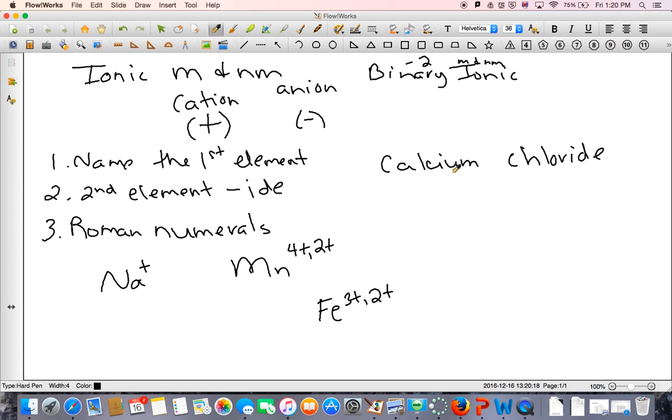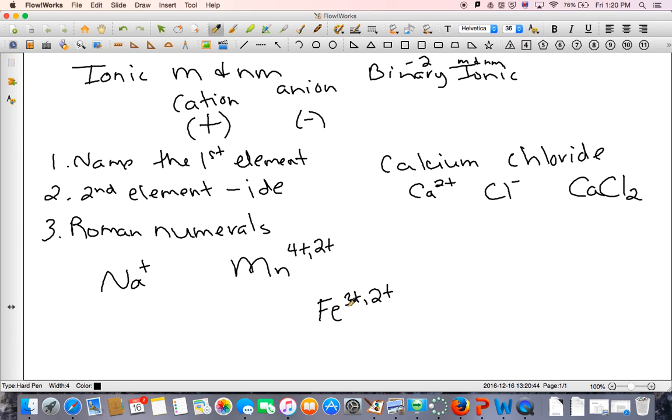Calcium, on the periodic table, is a 2 positive. Chloride was chlorine before it bonded, and he's a -1. These two have to match up. If he gave 2 electrons, I have to somehow take 2 electrons. It's the least common multiple. So it takes 2 chlorine. 1 Ca and 2 chlorines, CaCl2.